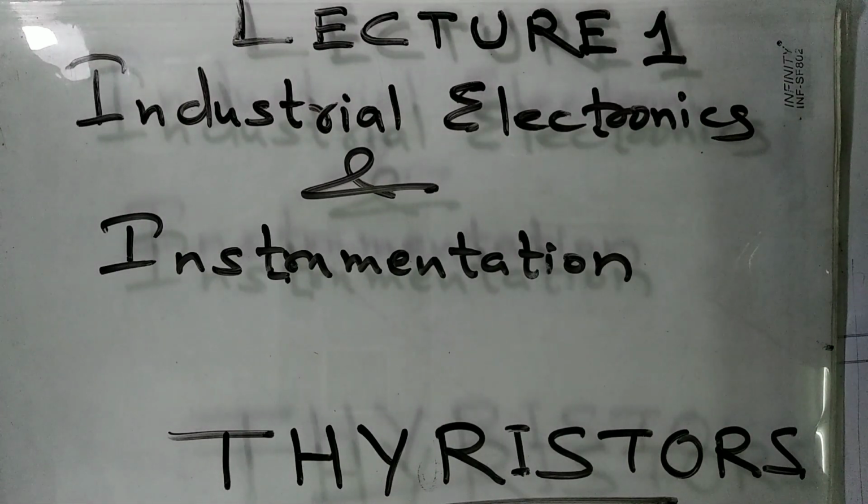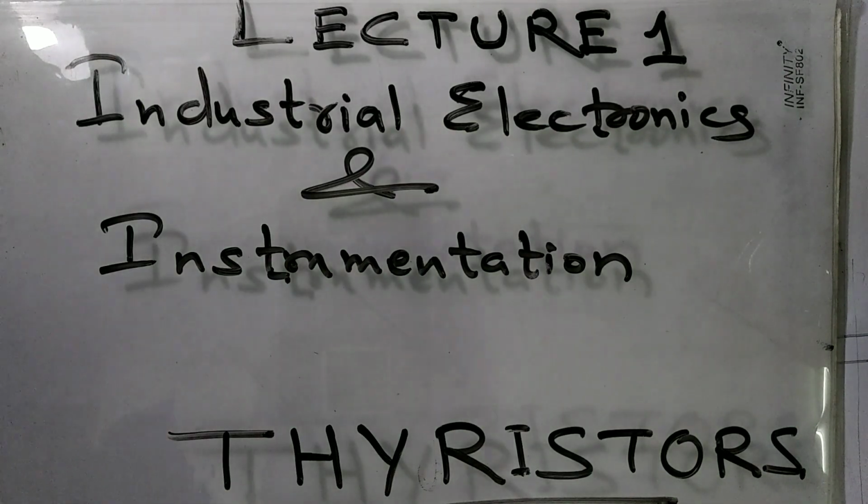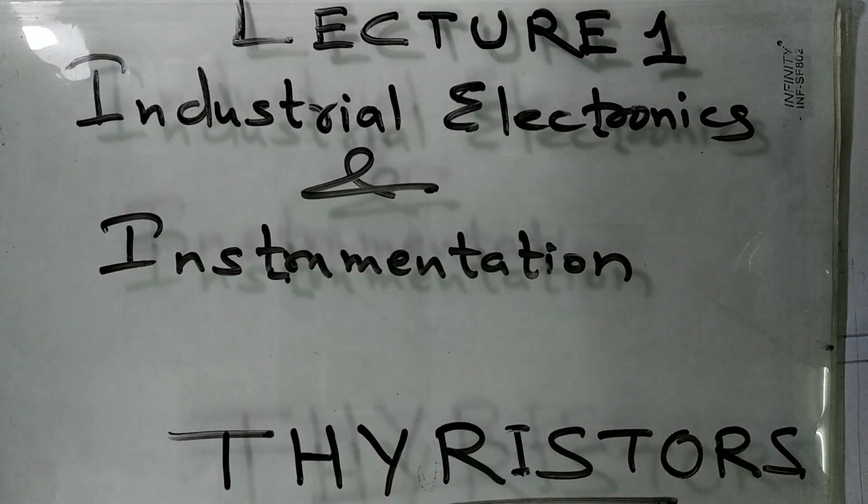Thyristor is a very important element for power control. So, let us first define what is a thyristor. A thyristor is a 4-layered, 3-terminal and 3-junction device. Thyristor acts like a controlled switch in the forward direction, and in the reverse mode it acts like a simple p-n junction diode.